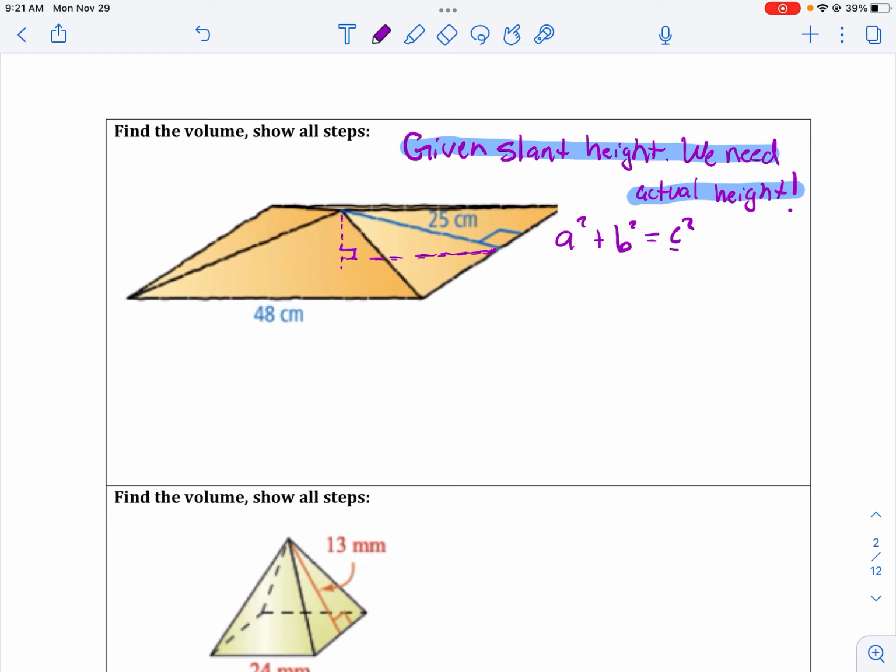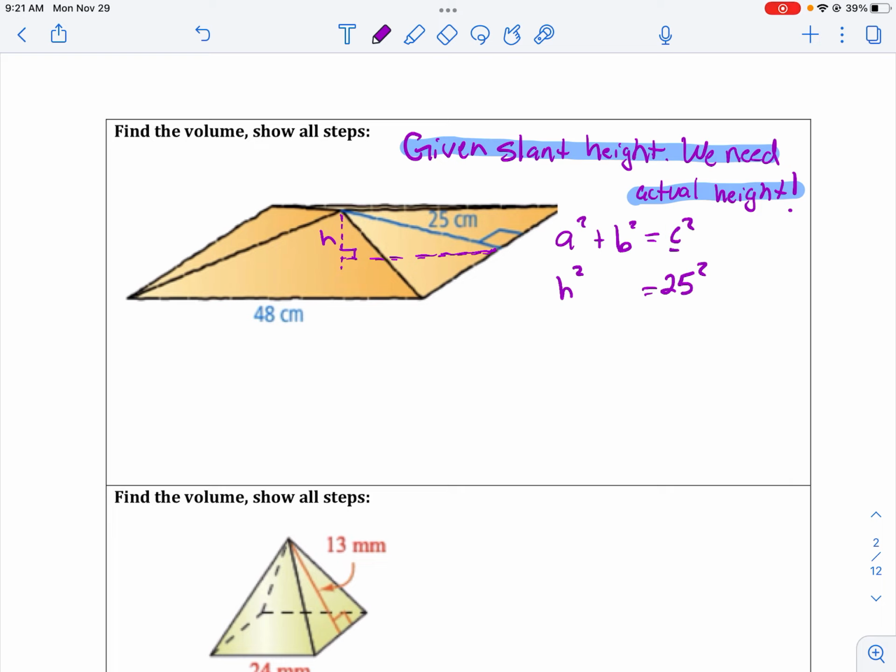And remember, C is always our hypotenuse, where in this case, our hypotenuse is going to be our slant height. And now our actual height of the pyramid, I will substitute in for A. And then the other leg, we can find the measurement.